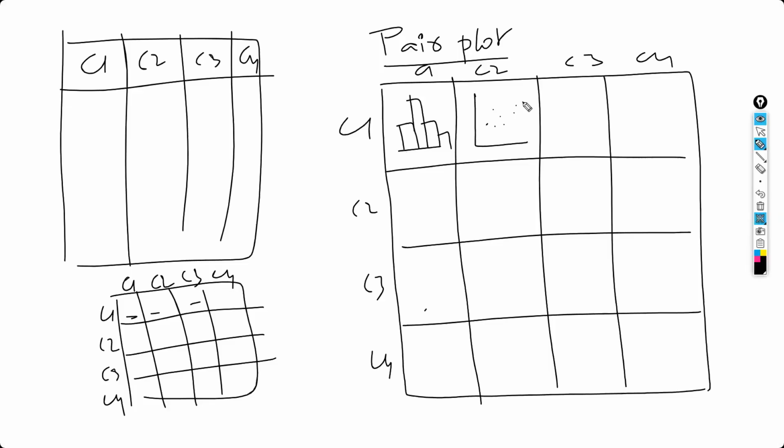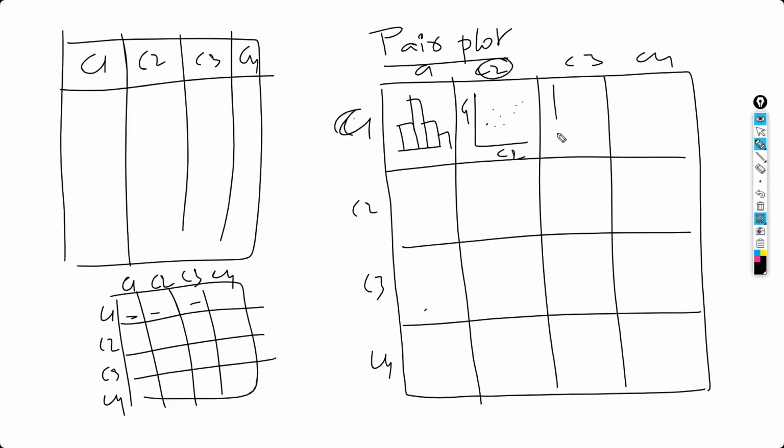Now, whatever is on the row, here the C1 column, will be considered on the y-axis, and the column variable will be considered on the x-axis. Okay, C1 and C2 scatter plot. Next, it is going to take the next cell here.